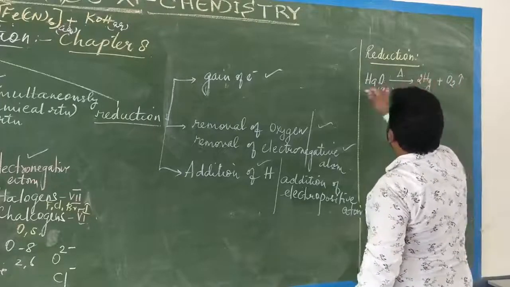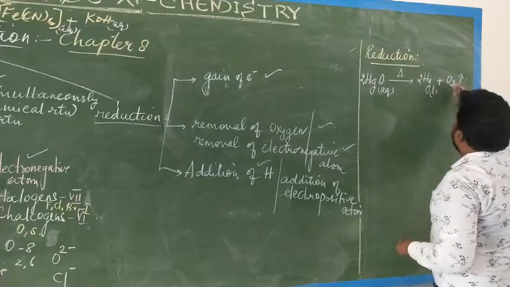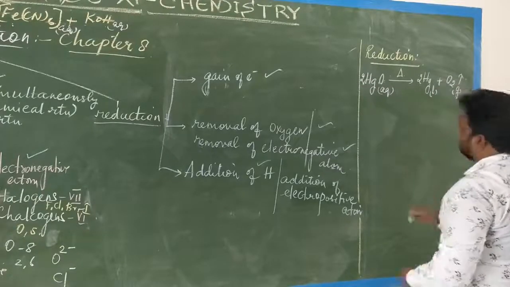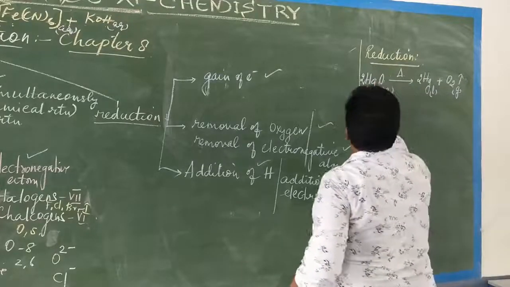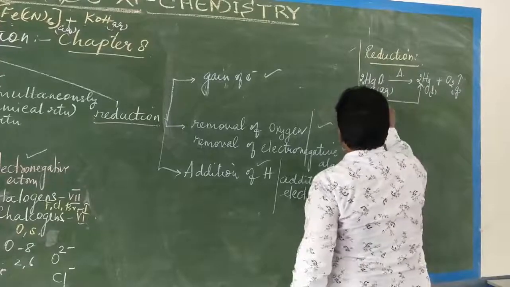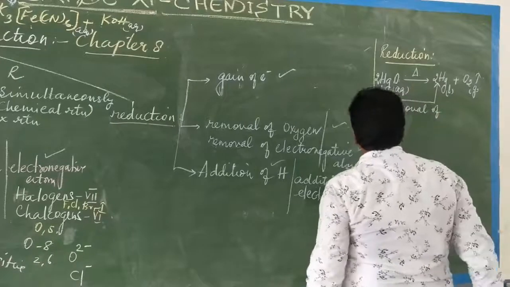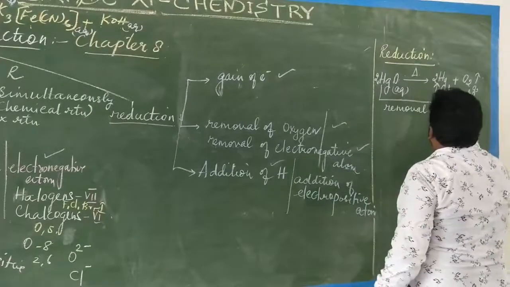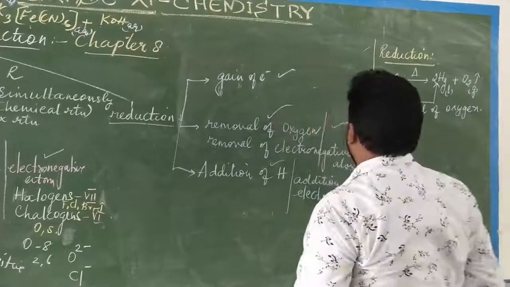So here 2 and here also it should be 2. Here mercury will be in a liquid state and oxygen in a gaseous state. So what has happened here? Removal of oxygen has taken place.